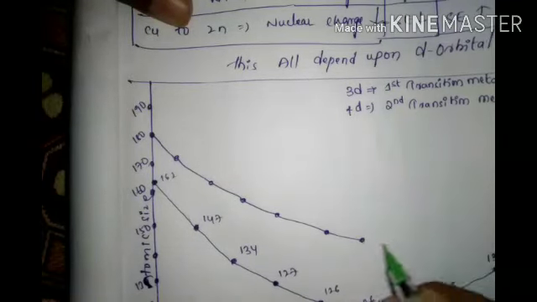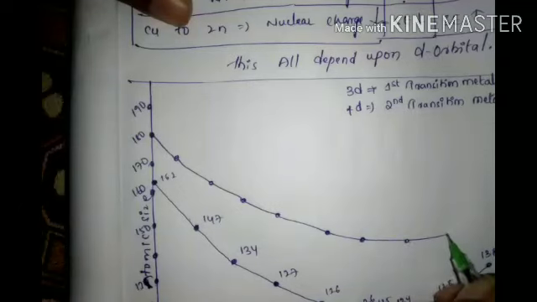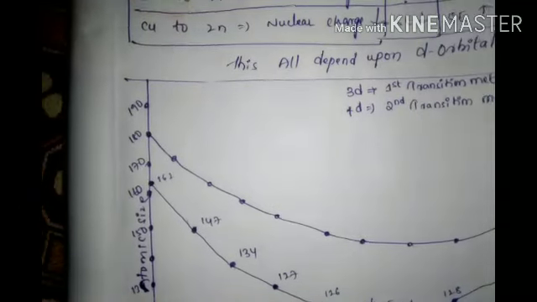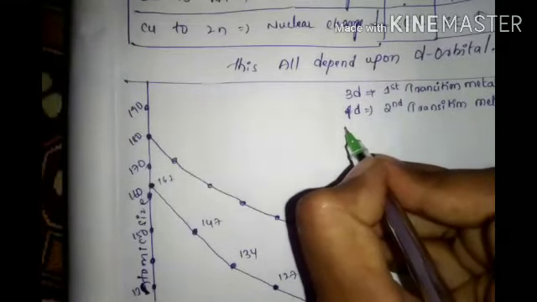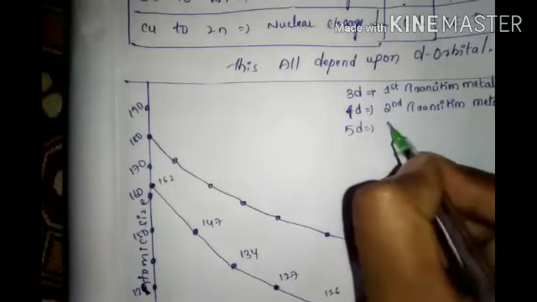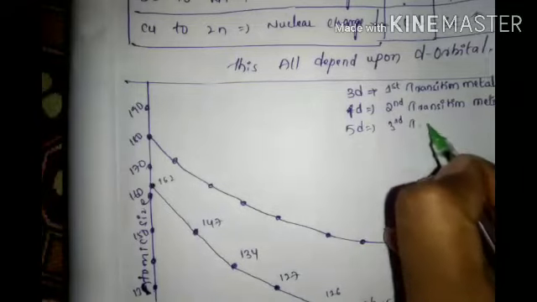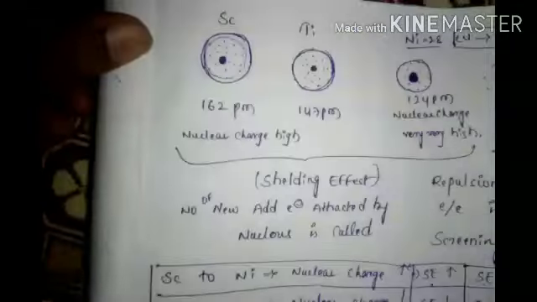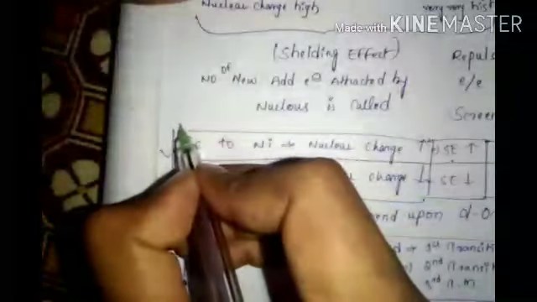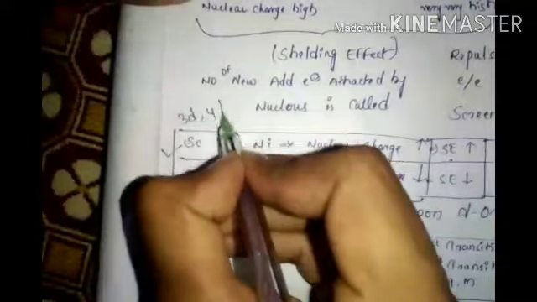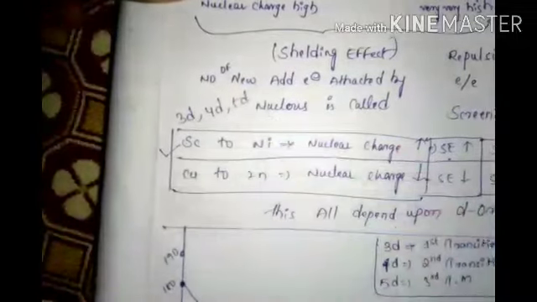Whatever reason I have taken is for all transition elements, not only 3D but also 4D and 5D. This reason is for the 3D series, 4D series, 5D series. For all series, same reasons, same graph will come.